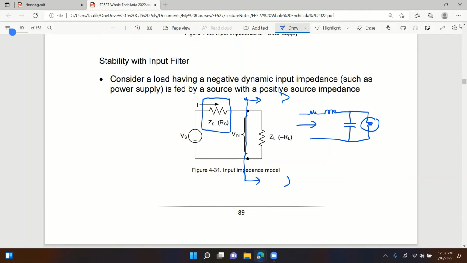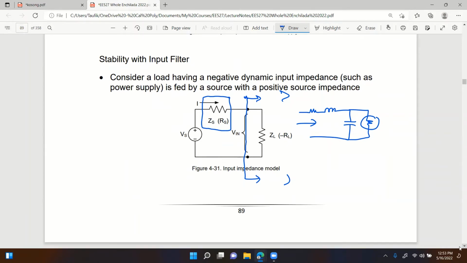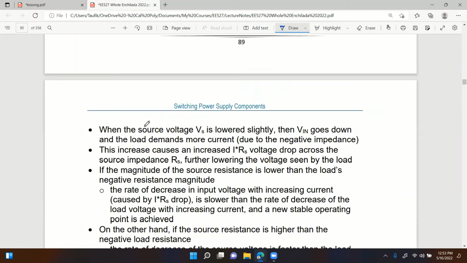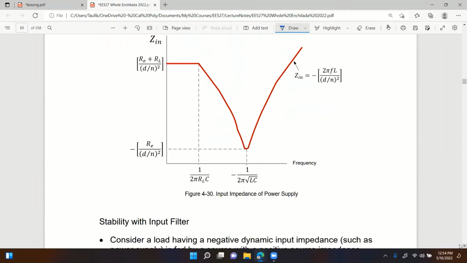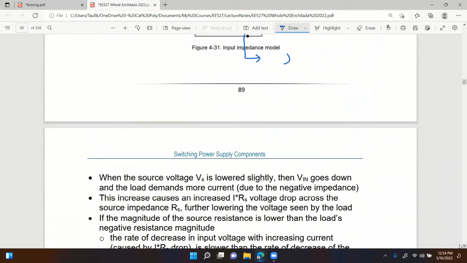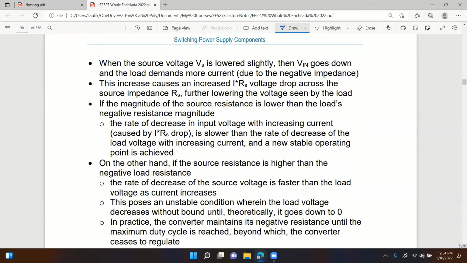what happens if, on the next page, when the source voltage Vs is lowered slightly, then Vin goes down and the load demands more current, right? Let's go back. Let's redraw it over here.